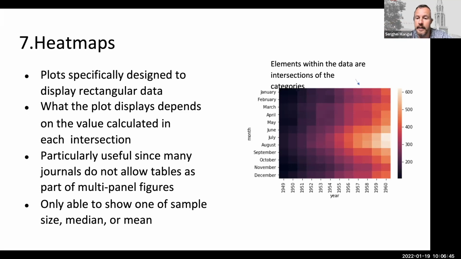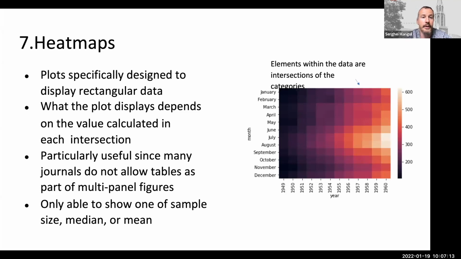So in this case, it's not only the year, but we're also interested in the trends across the year. We want to split some values across the months. If that's the case, the data becomes rectangular, and we have some value, and whatever the value is, it goes from 0 to 600.